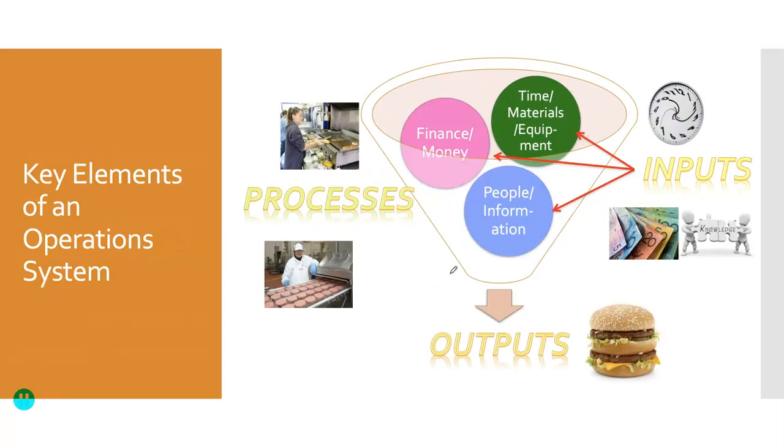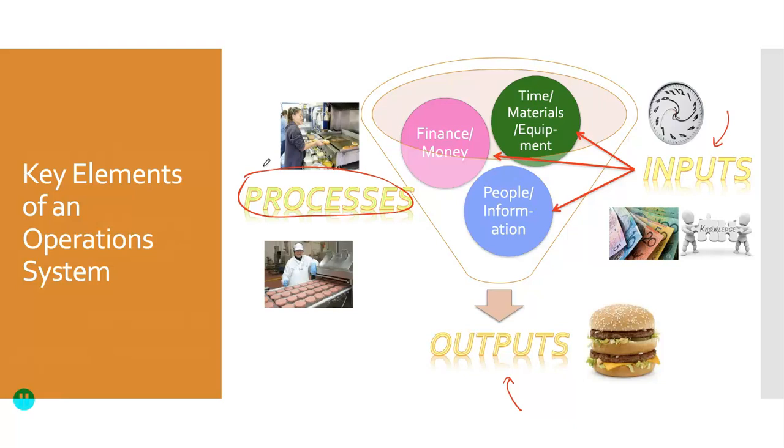So if we take a step back before we delve into each one specifically, as we mentioned, operation systems is all about a business turning inputs into outputs, which are their goods and services that they're going to sell, by using processes, because of course they do something.